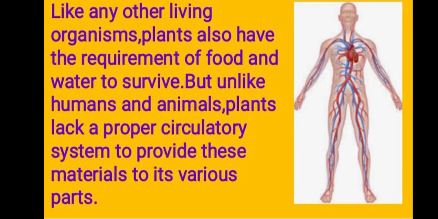Children, like any other living organisms, plants also have the requirements of food and water to survive. But unlike humans and animals, plants lack a proper circulatory system to provide these materials to various parts.